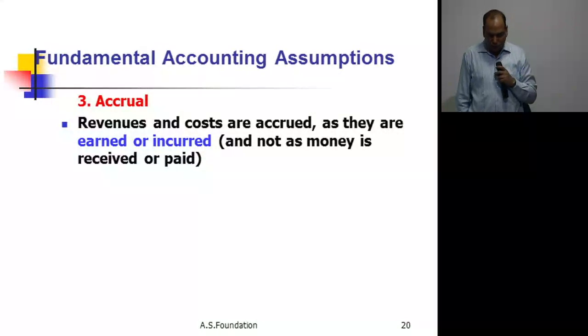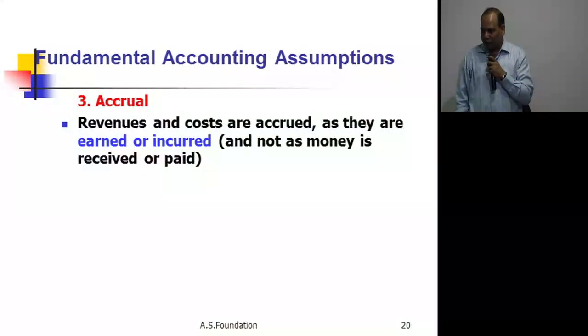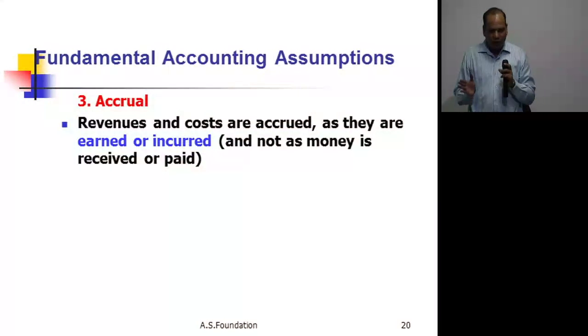Is it right? A simple example will be credit sale. The entry is passed in this year, maybe the collection will materialize in the next year. Credit purchases, all outstanding expenses, etc. are recognized because they have either been incurred or earned. Understood? Yes.